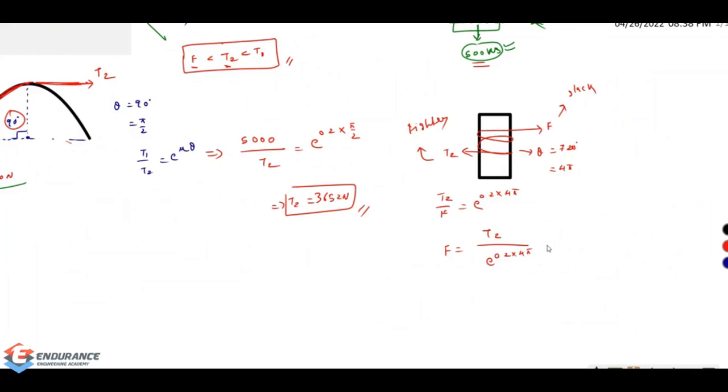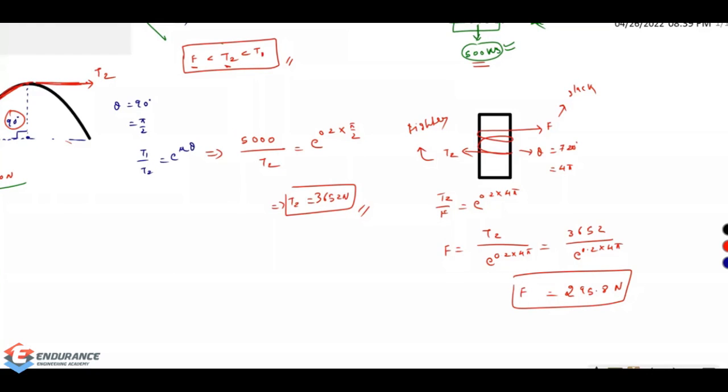Anyone calculate it and give me the answer. T2 is nothing but 3652 by e to the power of 0.2 into 4 pi. 295.8. So F is 295.8.